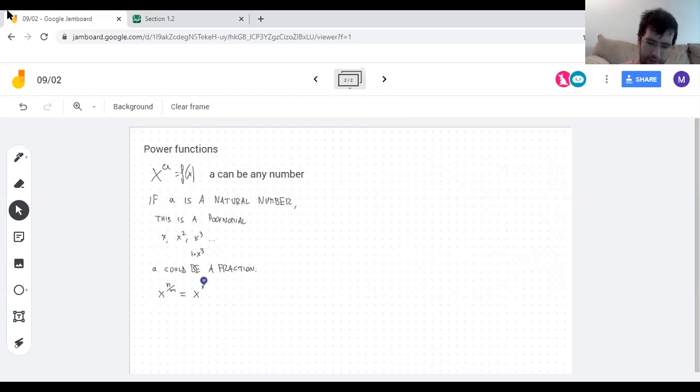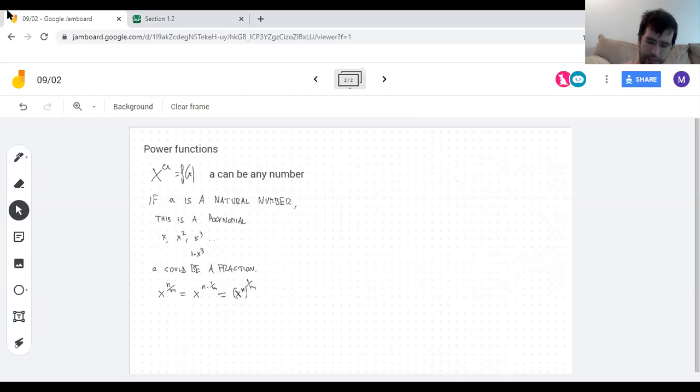For example, if the exponent is a product, that becomes the power of the power.